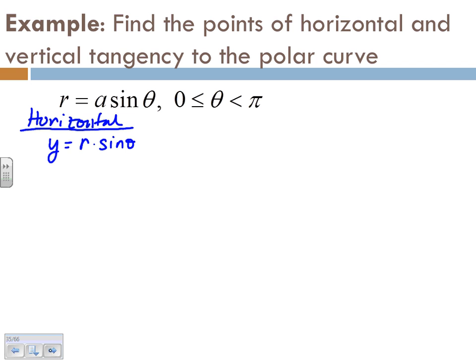That's your general formula. So now I plug in what they gave me for my R, and there's Y equals. Now find dy d theta.